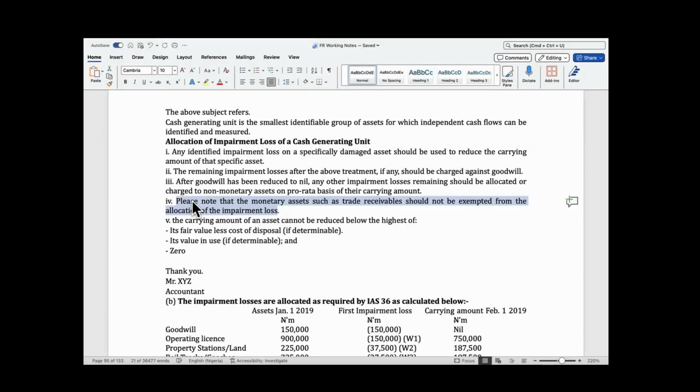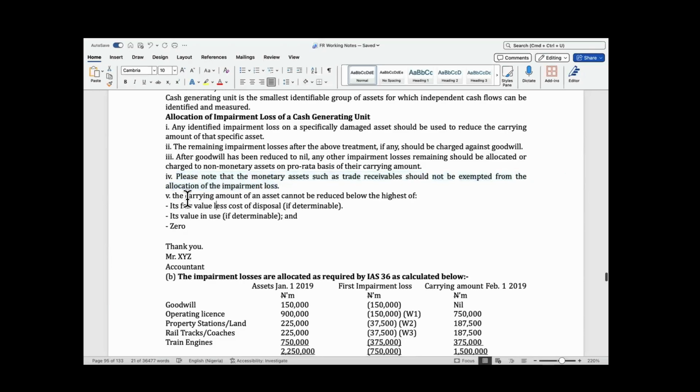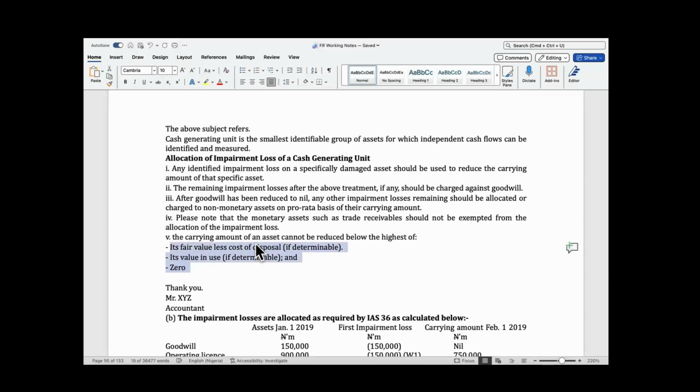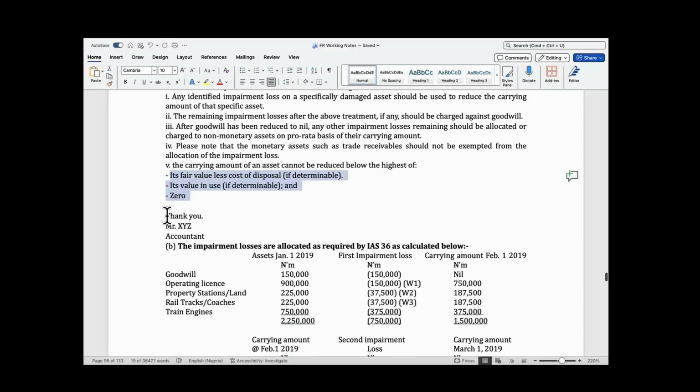Then I mentioned that the carrying amount of any asset in the CGU should not be reduced below the highest of this. The point is, don't reduce it below the recoverable amount or zero. So that's solution A. Then I signed off.